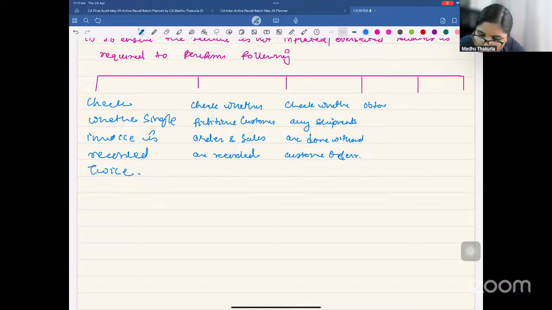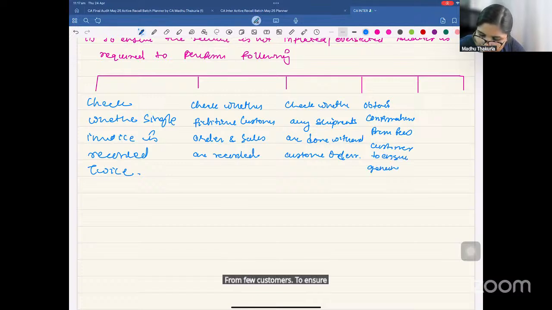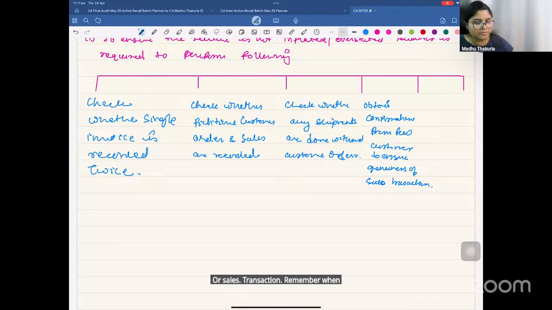You can also obtain confirmation from few customers to ensure genuineness of sales transaction. Remember when we were studying SA 505, I was always asking this question because that question is also in the book.